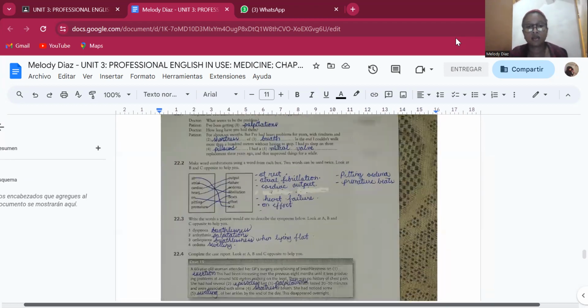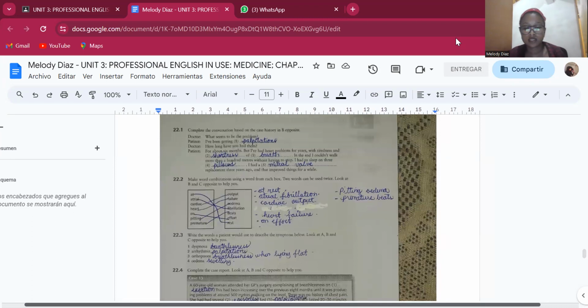Unit 22. Complete a conversation based on the case history opposite. Doctor: what seems to be the problem? Patient: I've been getting palpitations. Doctor: how long have you had them?